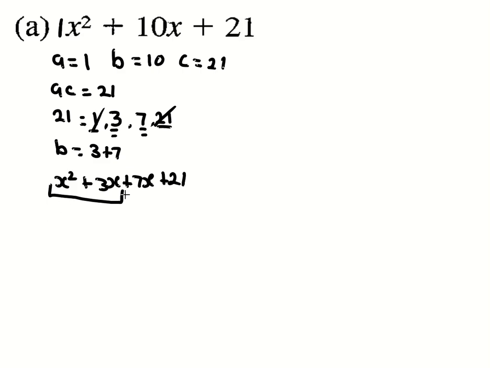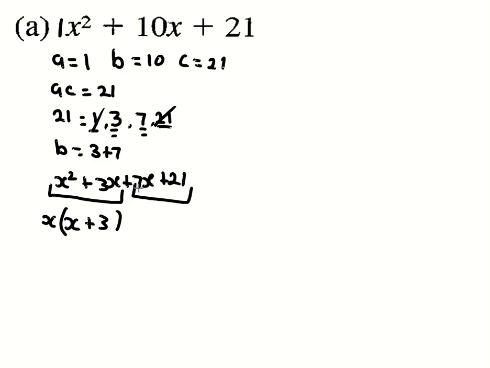What do x squared and 3x have in common? They have x. Then you open and close a bracket. x by what would give you x squared? x by x. Then x by what would give you 3x? x by positive 3.